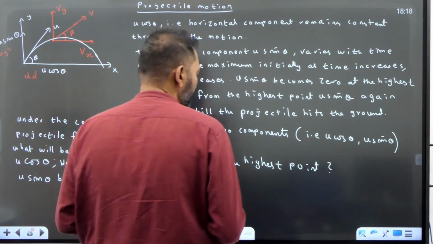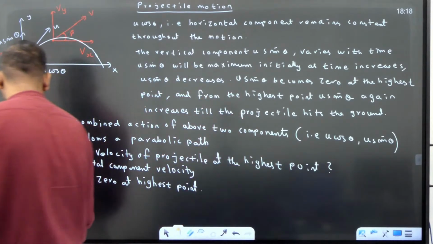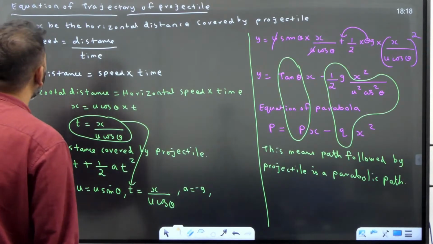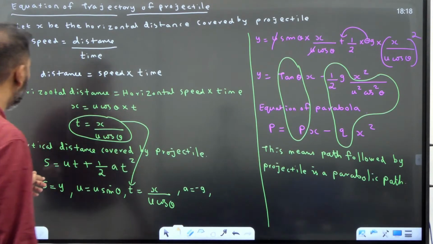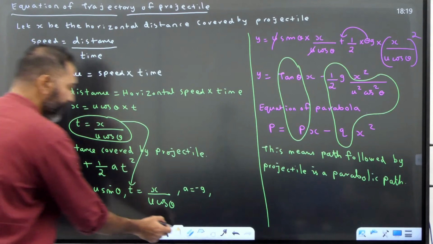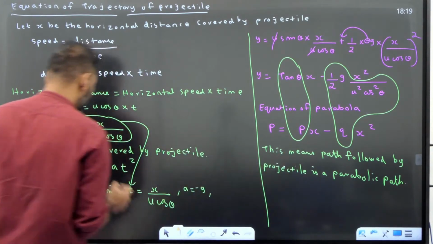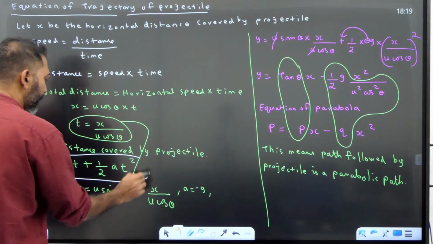Noted, right? Now, in this derivation, some students might be thinking, sir, for the vertical component you are using the equation S equal to ut plus half a t square.